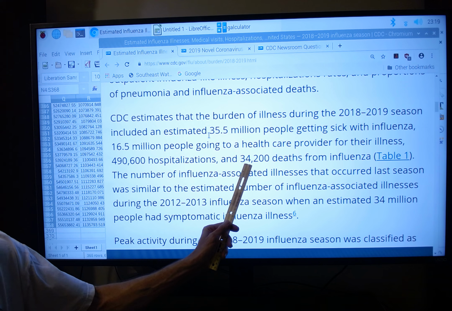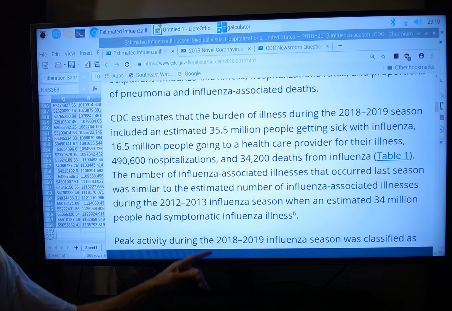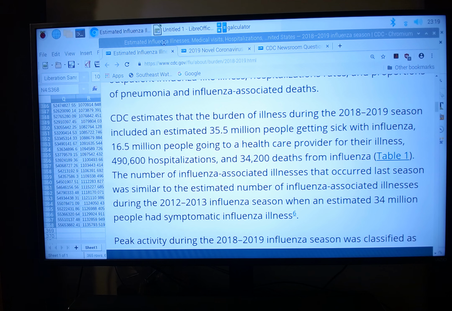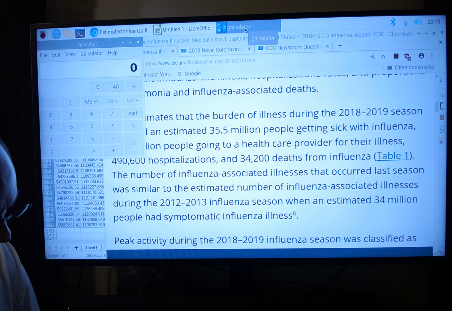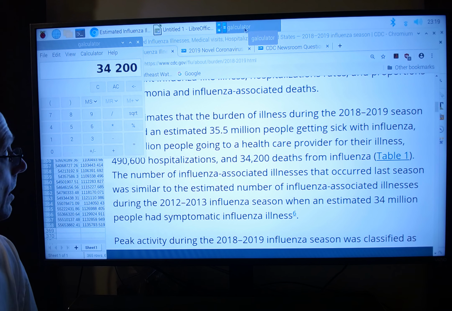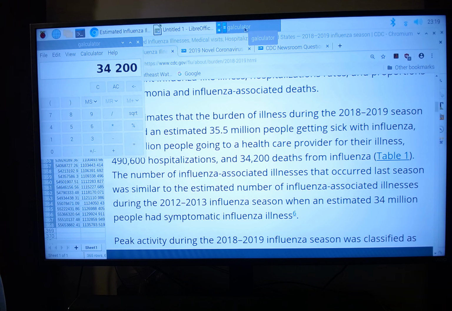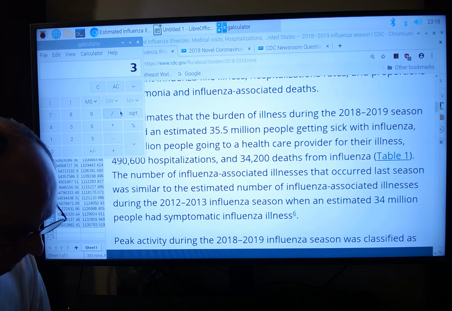There's their death rate, that's 34,200 divided by 35.5 million.